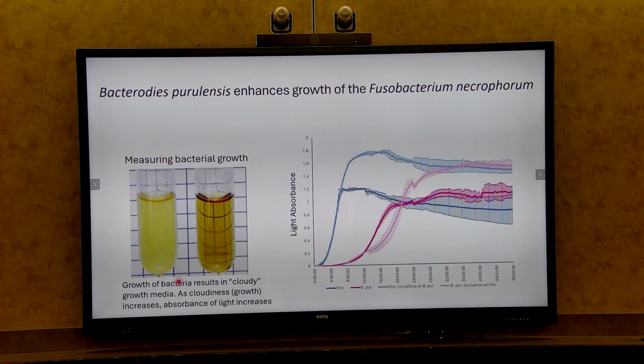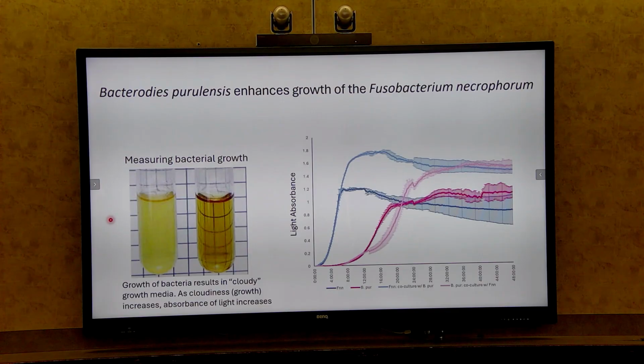How do they grow? And when you do this, the easiest way to measure bacterial growth is to measure how turbid the bacterial growth solution is. So here we have a bacterial media that is clear, see-through. It hasn't been inoculated with bacteria. And here we have one that has been inoculated with bacteria, and you can see that this is a lot more cloudy.